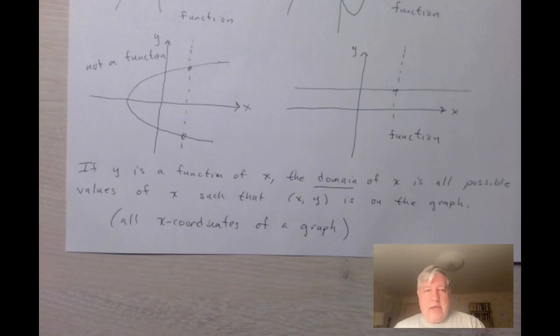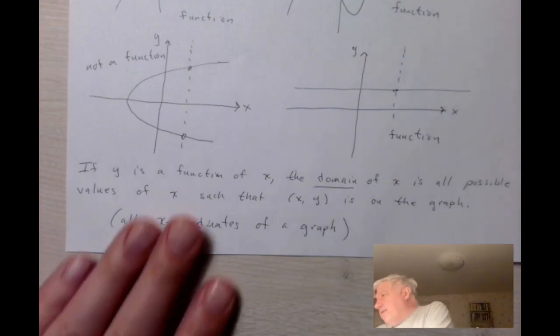So if, for example, 5 is in the domain, then there must be some point on the graph whose x coordinate is 5. That's all it is. With the domain, we don't care about the y coordinates, we just care about the x coordinates.